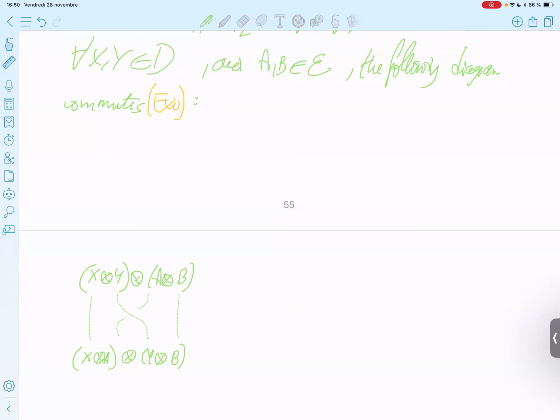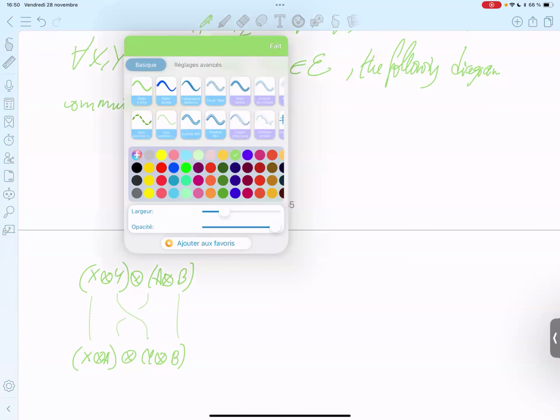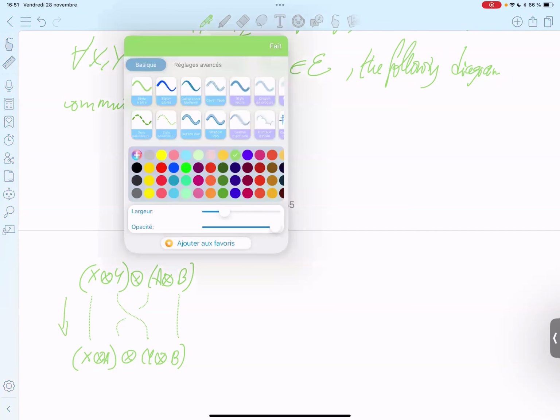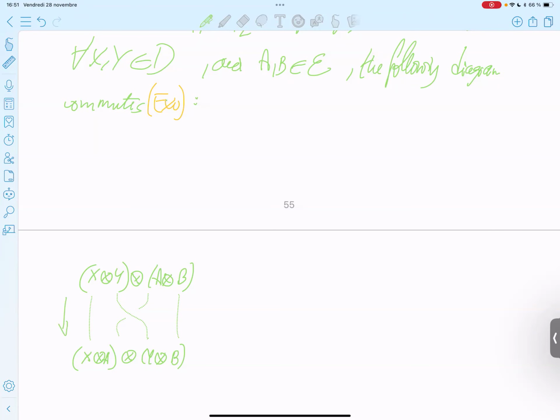So this arrow of the diagram is defined by this braiding. Now you apply this arrow, A tensor B tensor X tensor Y, and in this arrow you permute these two.